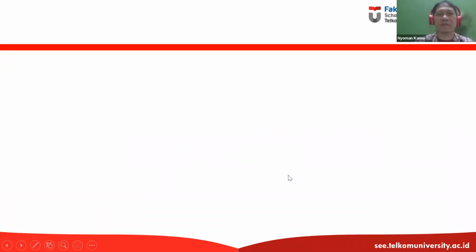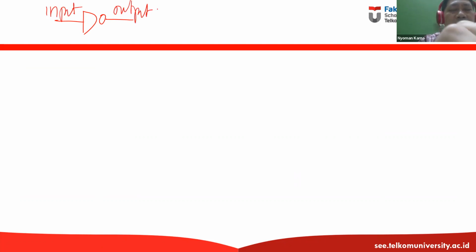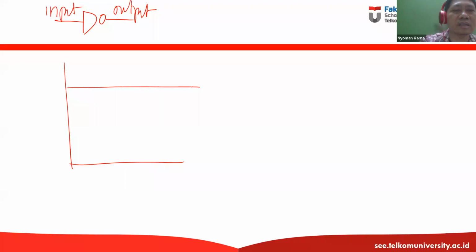Now, let's go back to our inverter. Let's say this is input, and this is the output. So the signal will be something like this. This is the input, this is the output. This is volt, and this is time.